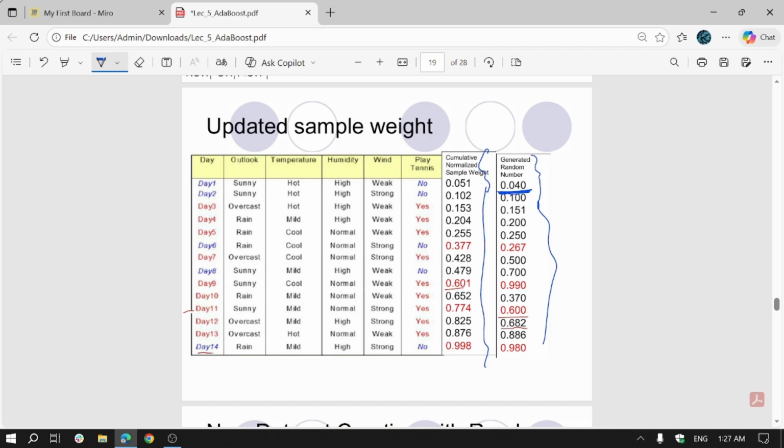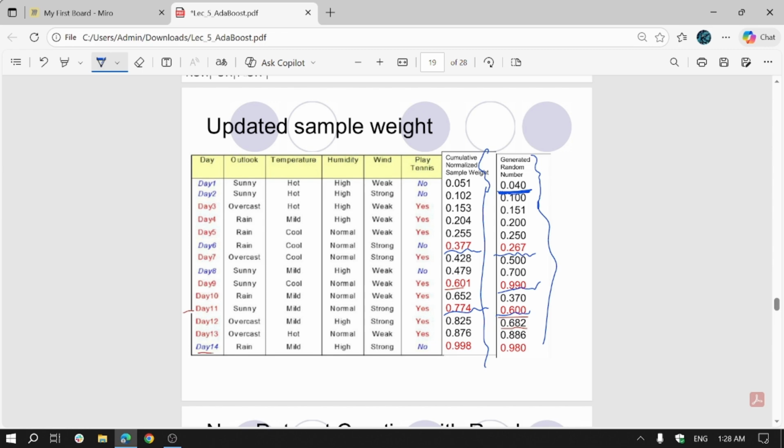But for incorrectly classified data, the distance is large. You can take any random numbers here, as the computer can generate random numbers in no time.